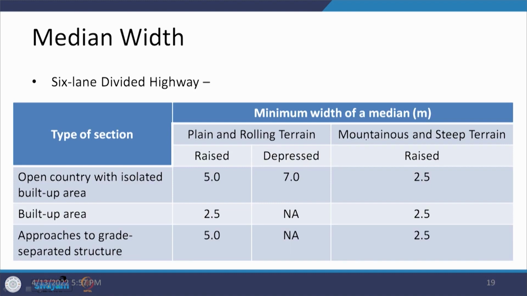So, when we look at the 6-lane divided highway, then the things are more or less the same. As you can see, the only change is that instead of 4.5 it becomes 5, or instead of 2 it becomes 2.5. That is the change from the 4-lane to the 6-lane divided system for the 4 categories and the terrains which are otherwise there.